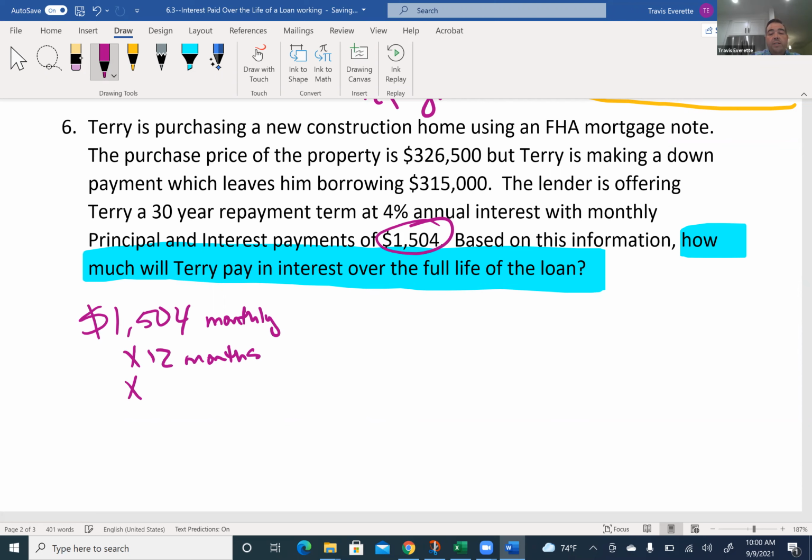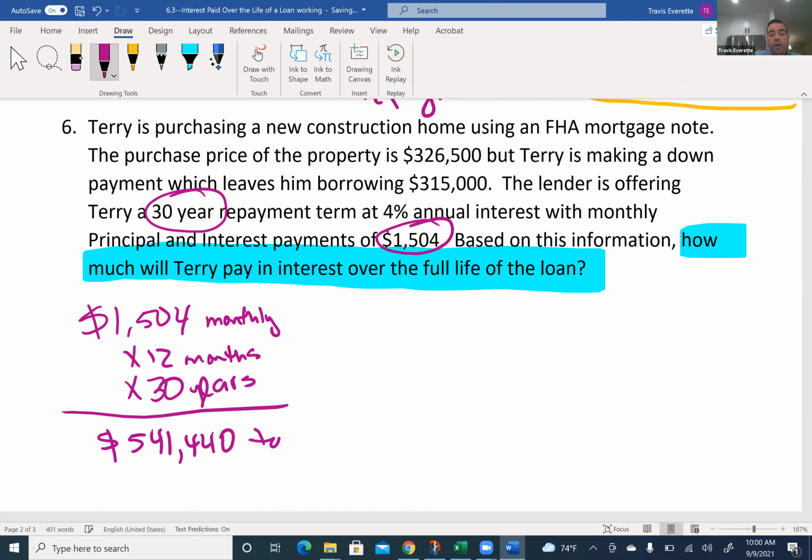And times, in this case, a 30-year loan. Okay, so that's $1,504 times 12 months a year times 30 years. That is $541,440 in total repayment.